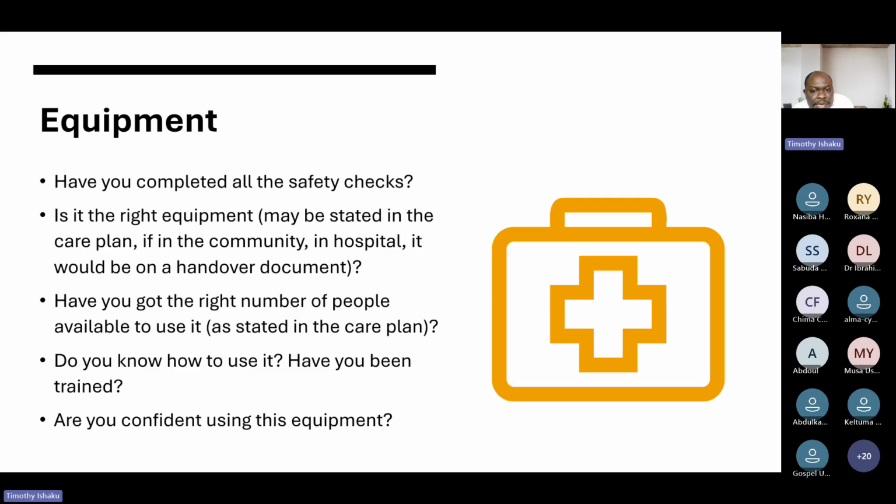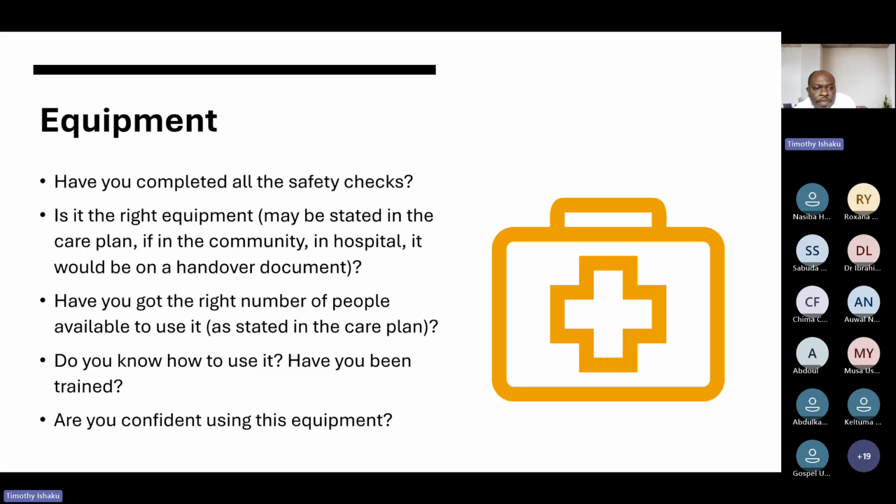So make sure equipment is great, but it's also the responsibility of the person applying the equipment on a daily basis to make sure that it is safe to be applied to the patient. And if the equipment is there and it's safe, I will always encourage you to use it. But another question is whether we are confident to use that equipment.